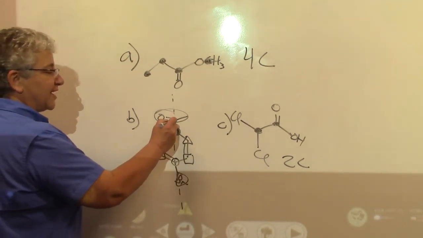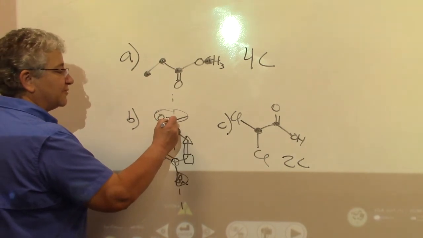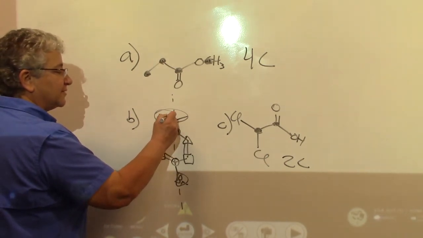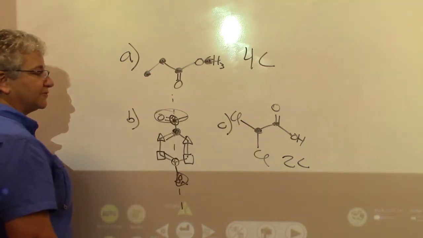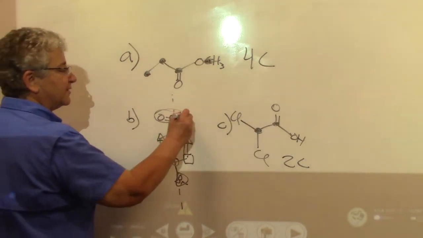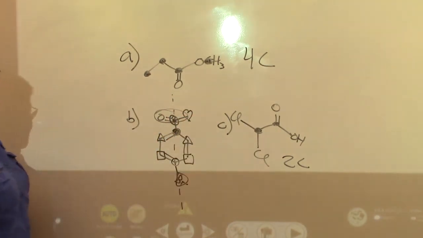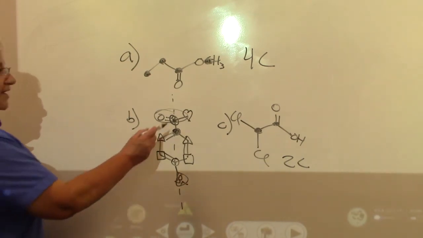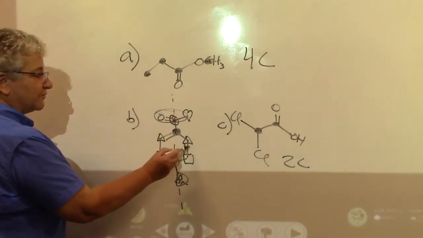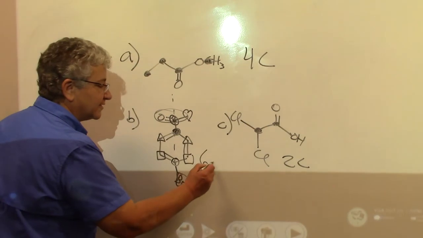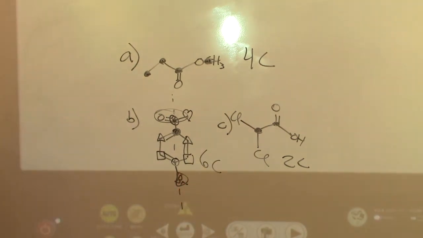And then don't forget that I have some carbons here, so sort of a bullseye for that carbon, and then a heart for that carbon. So in this case, I would see 1, 2, 3, 4, 5, 6 carbons in the spectrum.